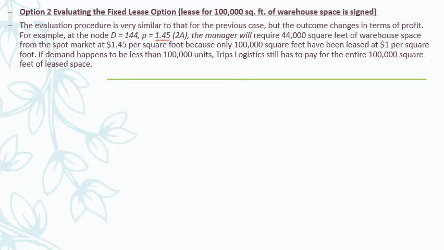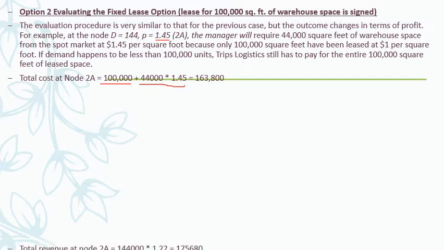How is the calculation done? Let us see. So total cost at node 2A, same thing. The total cost is the minimum pay, base pay, plus 44,000 into 1.45, being paid at the prevailing rate of the spot market. So total is 163,800.